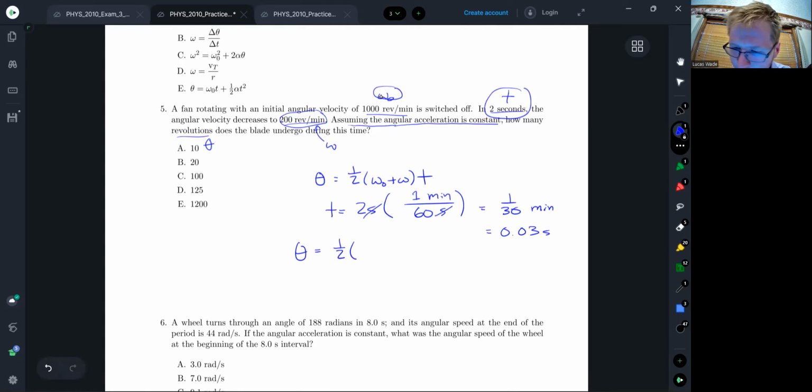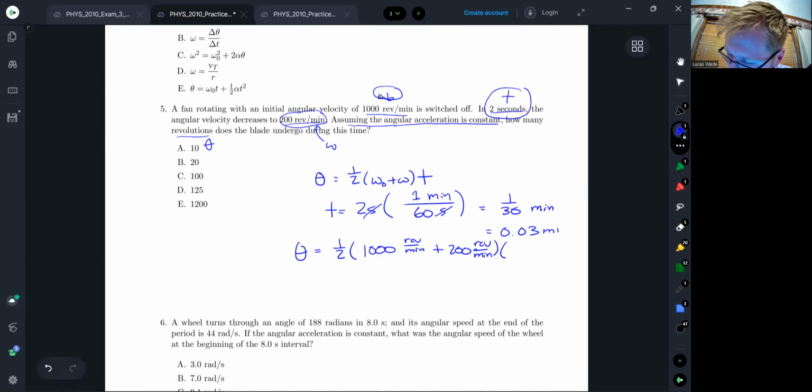Omega naught is 1,000 revolutions per minute, plus omega is 200 revolutions per minute, times, I should not have had seconds there.